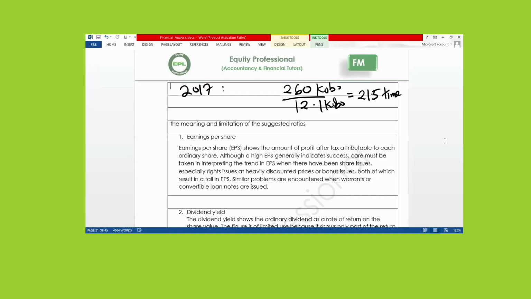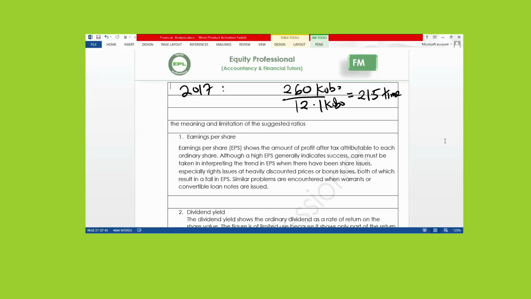Where you issue more shares, earnings per share will fall. The fall is not because of performance; it's because we have issued more shares.